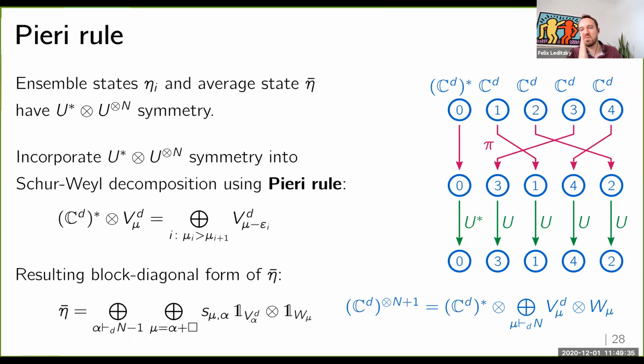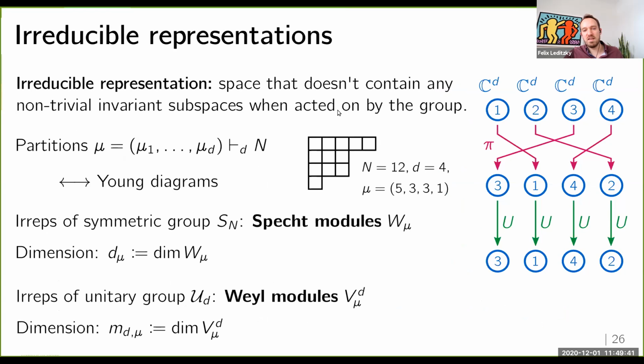So if you have two rows with the same length, then you can only add a box in the upper row. So if you allow me to go back quickly, in this Young diagram, I could add a box in the first row. I could add a box in the second row. I cannot add a box in the third row, because then the third row would have 4 boxes and the second one 3, and we don't allow that. Okay, the lengths have to be non-increasing.